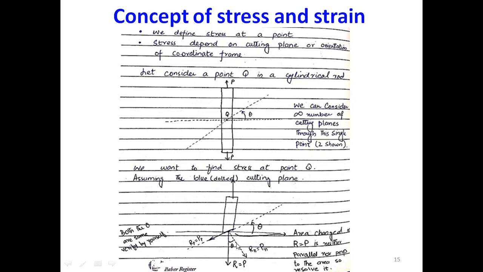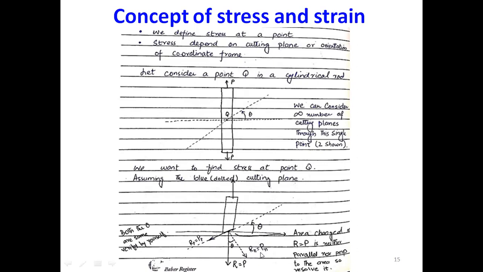Now we have two forces. One force is perpendicular to this area and the other force is parallel to this area. The force perpendicular to the area would produce the normal stress. The normal of the area is along this line.